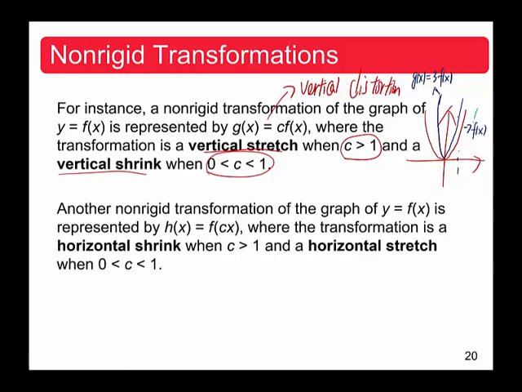So the graph will represent, let's say, h of x. h of x is half of f of x. And this is a vertical shrink.